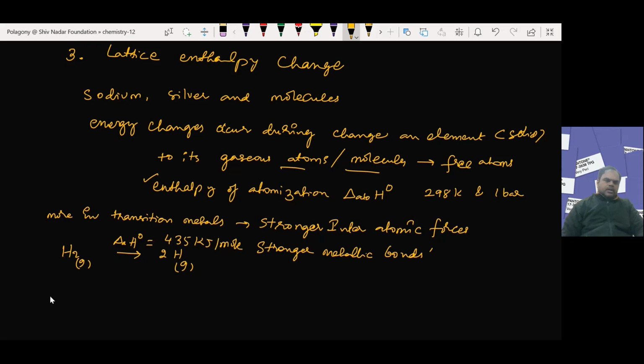That means if you take 1 mole of molecular hydrogen gas and want to get 2 moles of free atoms, for breaking the bond between the hydrogen atoms in the molecule, the enthalpy of atomization will be positive 435 kilojoules per mole. We require the energy. This energy is the enthalpy of atomization of hydrogen gas.